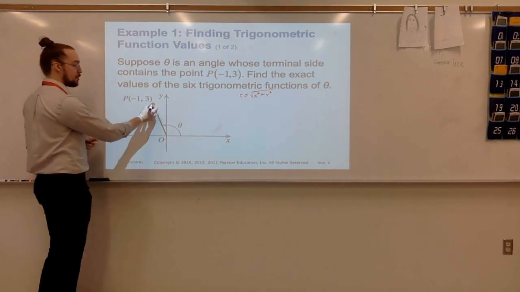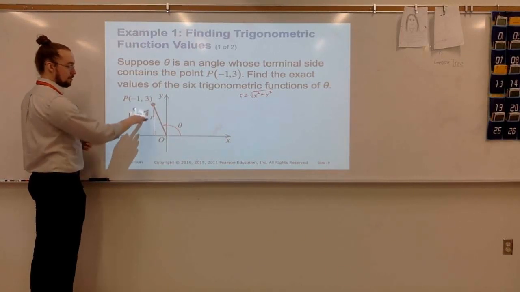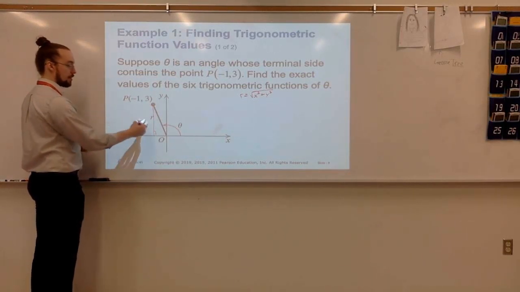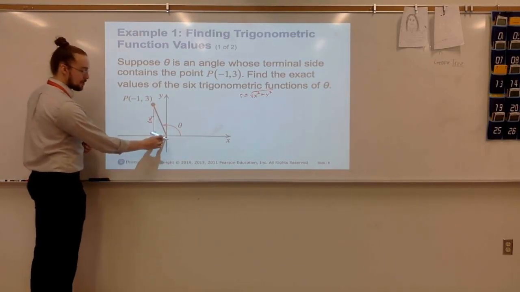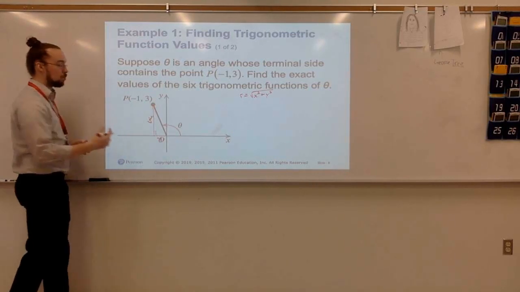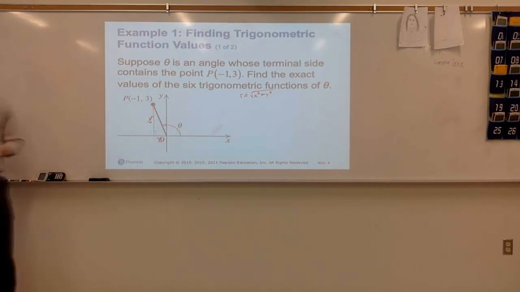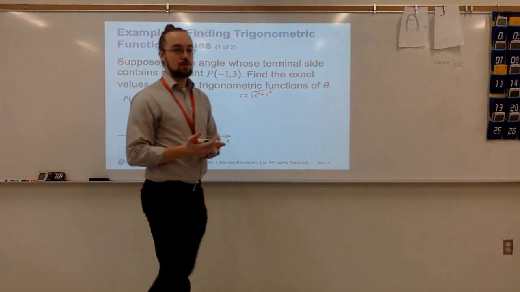Essentially what we're doing is creating a right triangle here and saying this side has a length of 3 because that's the y coordinate. This side has a length of -1, that's the x coordinate. And then r is the hypotenuse of this right triangle.